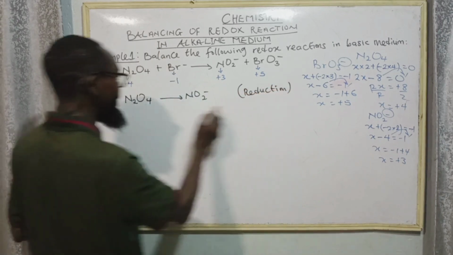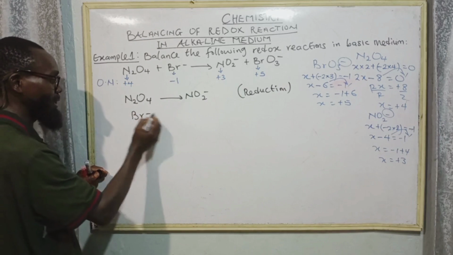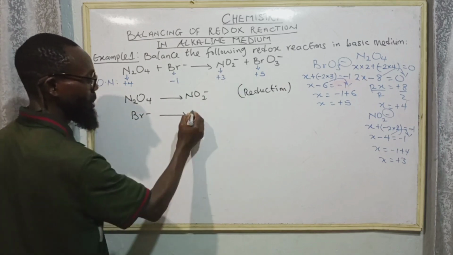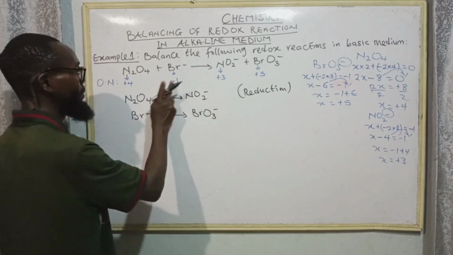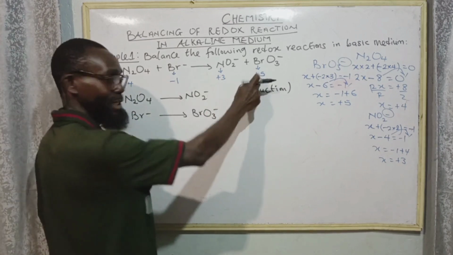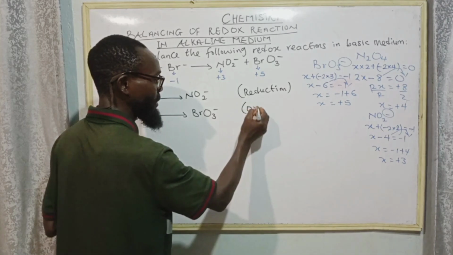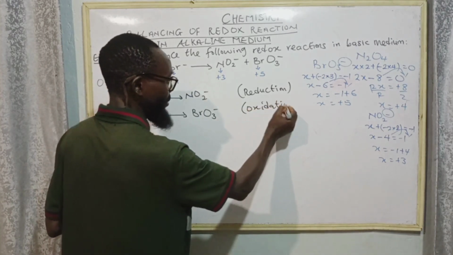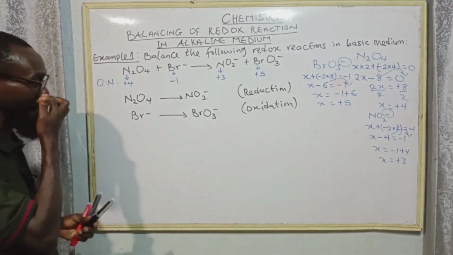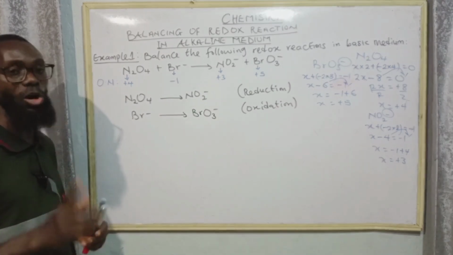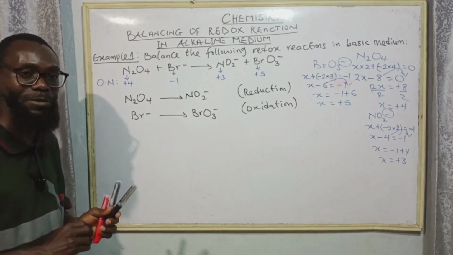While Br minus moving to BrO3 minus, this is -1 to plus 5, it is increasing. That is oxidation.